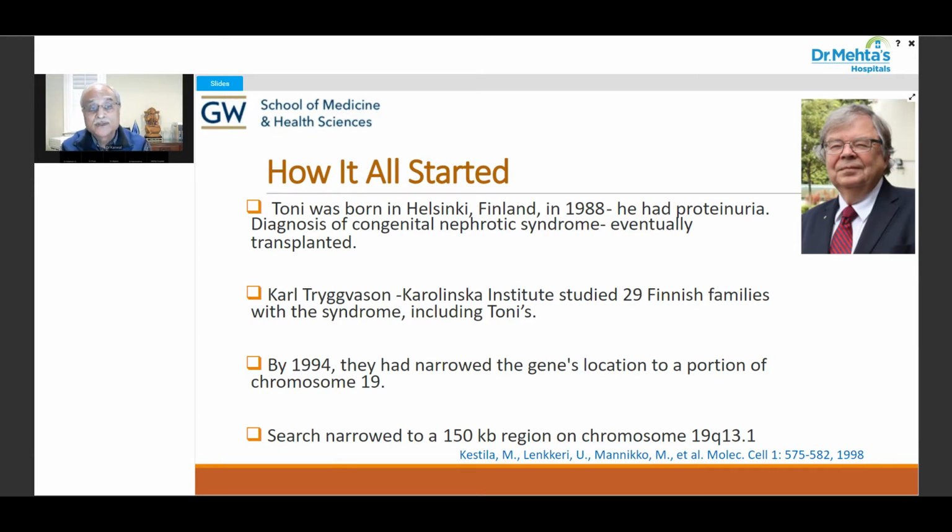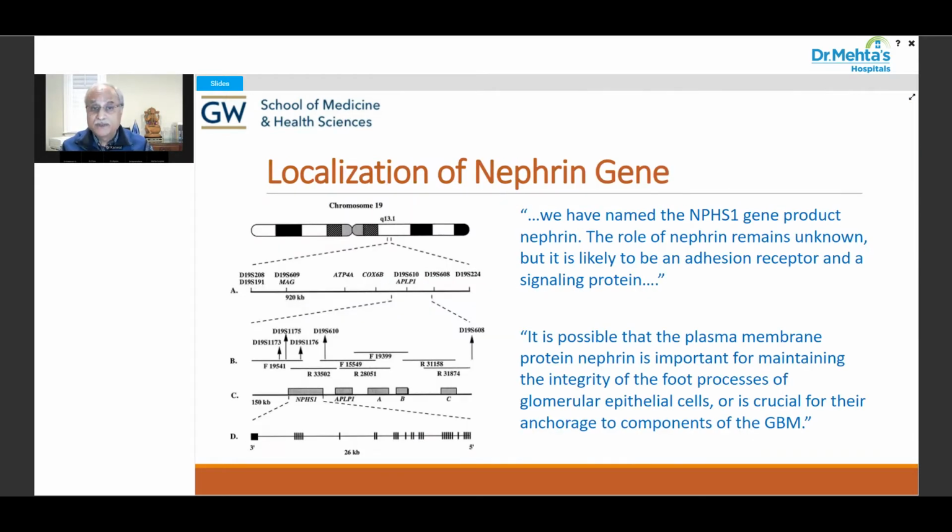He knew Karl Tryggvason at Karolinska, who decided to look at the genetics of this patient and also then gathered 29 other families. They localized a defect somewhere on chromosome 19, specifically on 19q13.1. So they knew that something was wrong, and they named this particular gene, or that segment of the gene, as NPHS1, nephrotic syndrome 1.